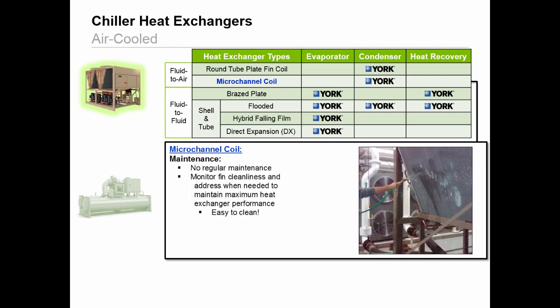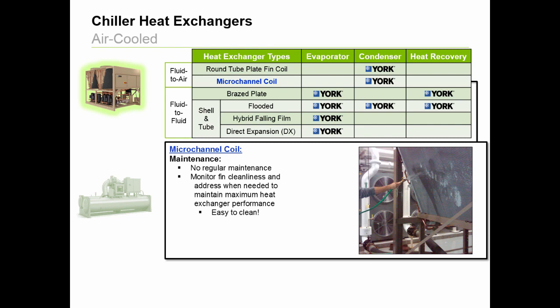Maintenance-wise, there are no regular requirements. However, like any fluid-to-air coil, there's the potential for external fouling due to leaves, dirt, or dust. In this case, cleaning is very easy, with low-pressure, potable water, and if needed, a soft bristle non-metallic brush.